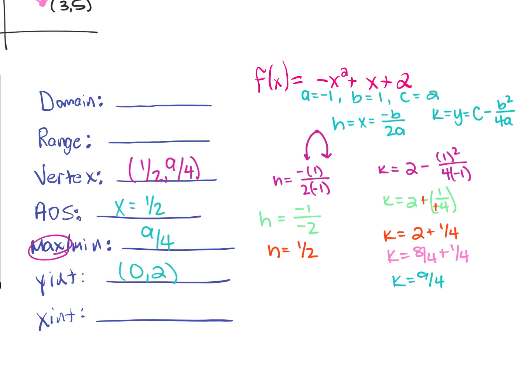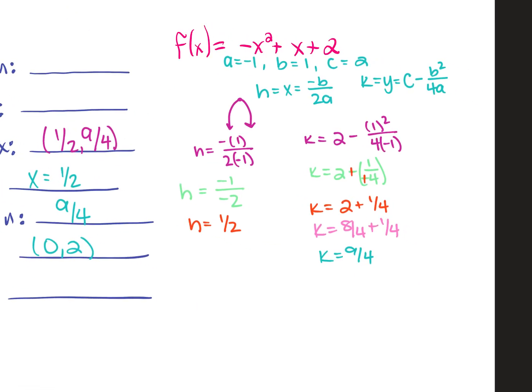What's your y-intercept? Or sorry, your x-intercept. We already have your y-intercept. What's your x-intercept? It's not none. This one, if you can factor what you have, set your f of x equal to y, which is also 0 in your x-intercept, and factor it.